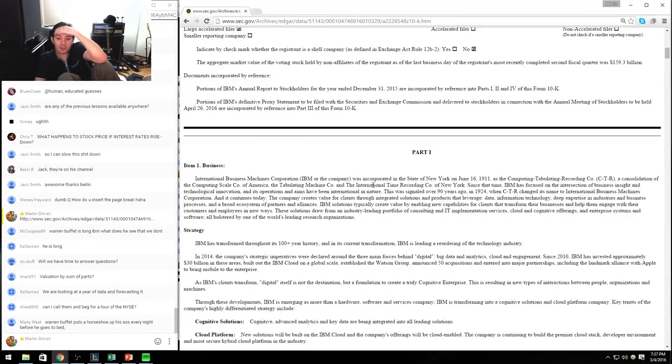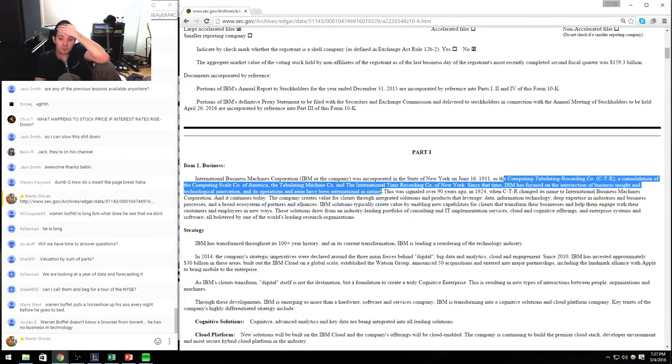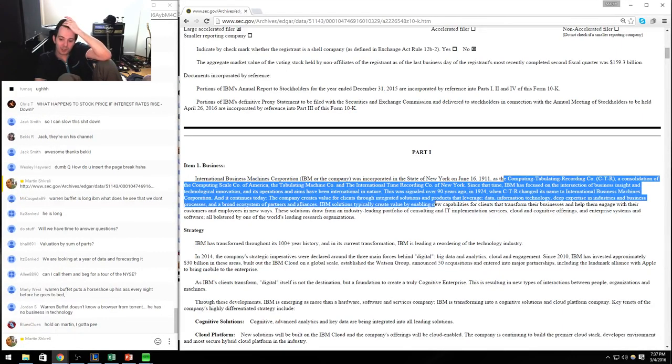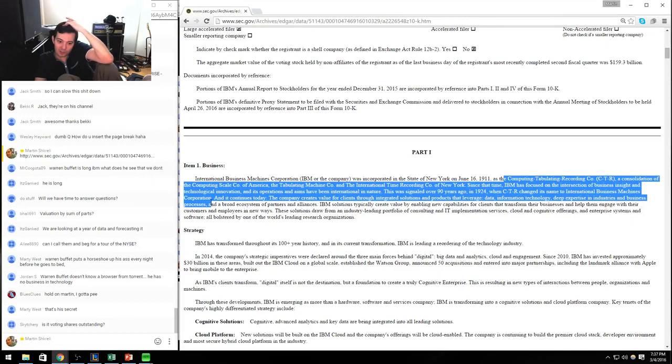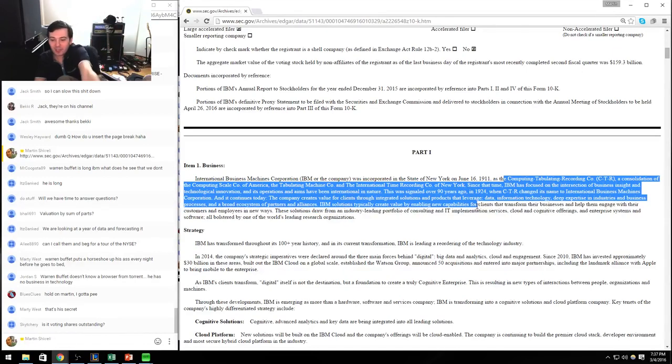Funny. The company creates value for clients through integrated solutions and products that leverage data, IT, and deep expertise in industries and business processes and a broad ecosystem of partners and alliances. Okay. IBM solutions typically create value by enabling new capabilities.